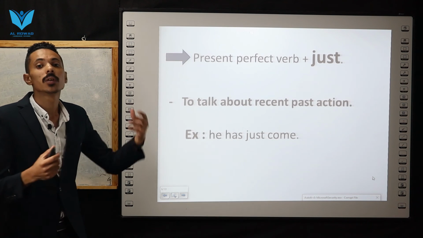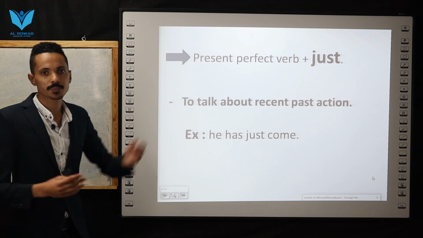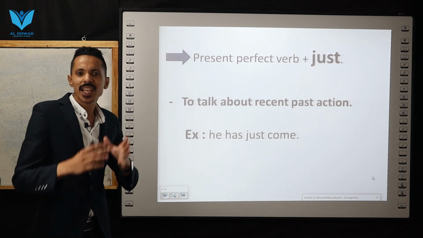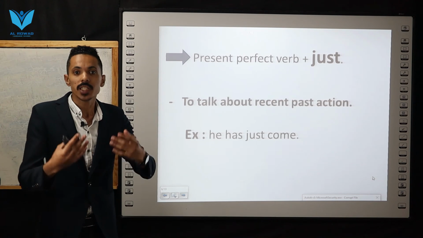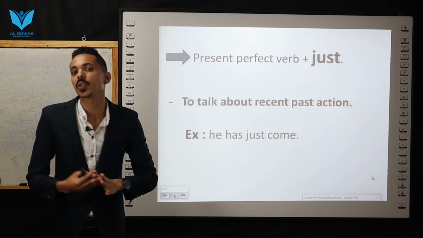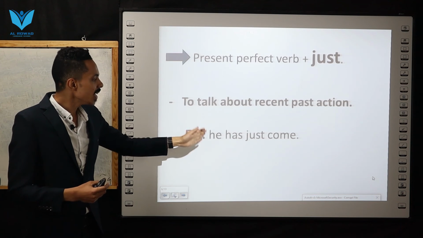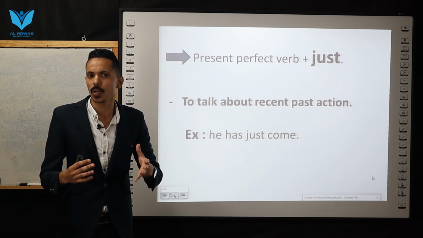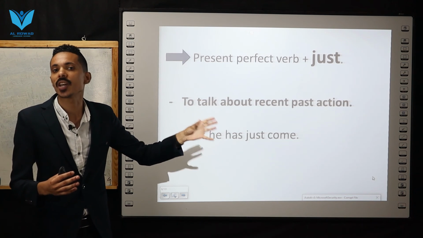After that, present perfect verb plus a new word called just. If you did an action in the past, but this action finished a short time ago, you can use two ways to talk about it. For example, the first example, he has just come. Or you can use the past simple: he came a short time ago.